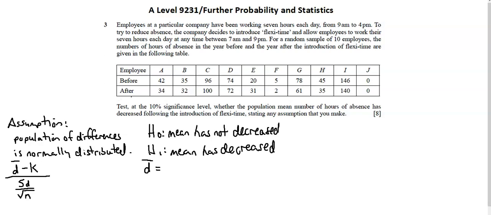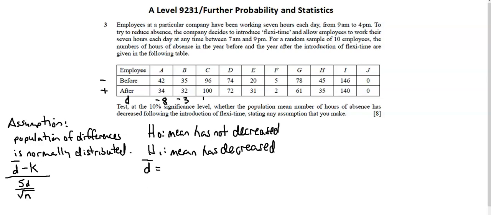Notice in the table we have rows before and after. Below, I'm going to calculate the d, and I will use after as a positive value and before as a negative value. Going across, I end up with negative 8. The after minus the before is the calculation I'm doing for each column.